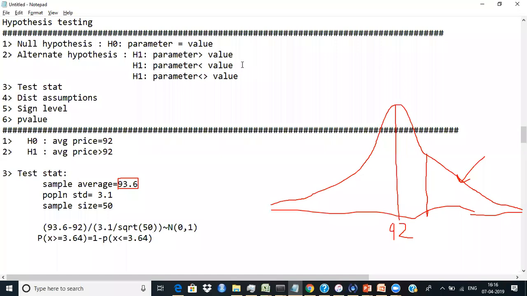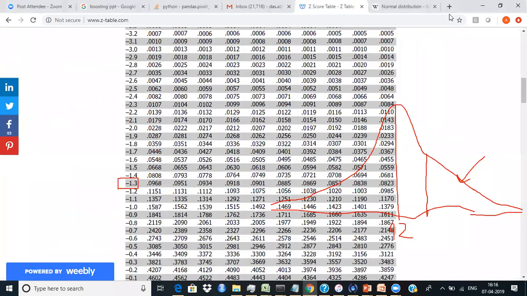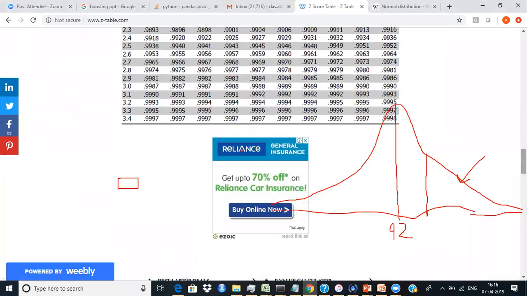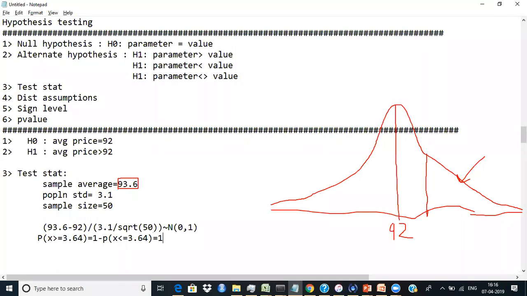Now, if you go to the Z table, remember the Z table ended at 3.4. So what is the area to the left of 3.6? 1. So this becomes 1 minus 1, which is equal to 0. Now, what do you conclude from this?